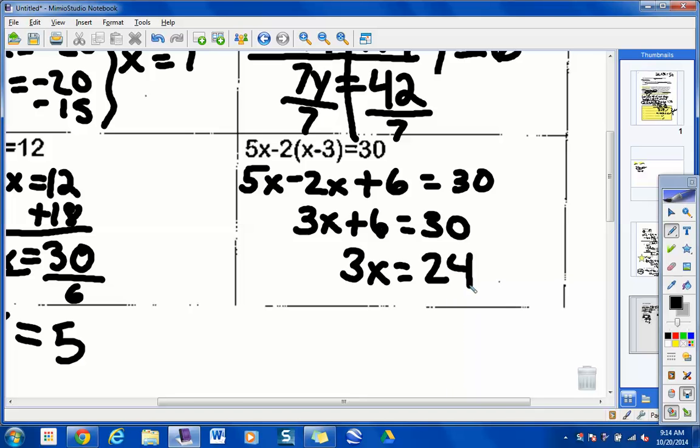Everybody okay with that step? All right. 24 divided by 3, where am I? What's my solution here? All right, good. Okay. Guys, that's a lot of stuff in a short amount of time.